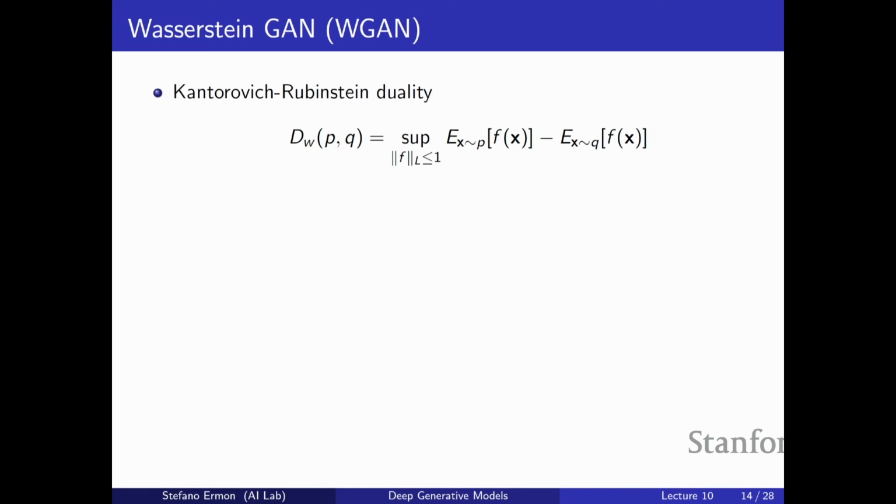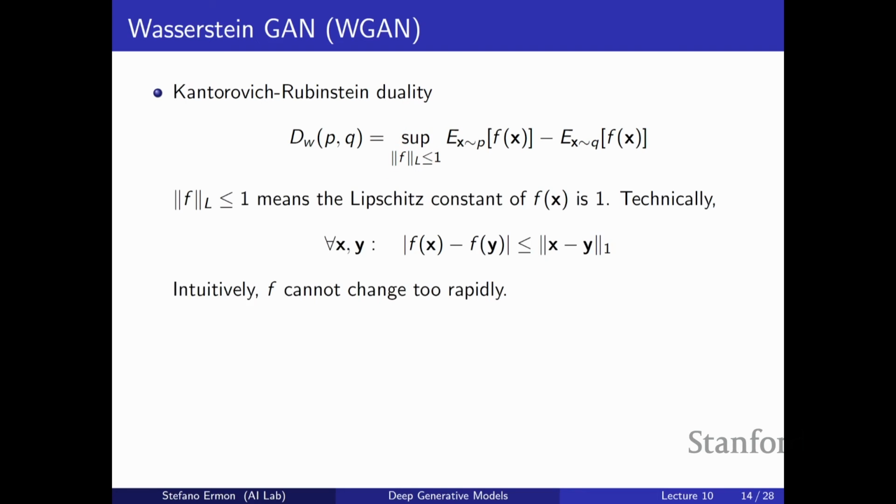The only difference is that now we're optimizing over functions that have Lipschitz constant 1, which basically means you need to optimize over all functions that don't change too rapidly. And so the solution to this optimization problem over these scalar functions f is actually equal to the Wasserstein distance.